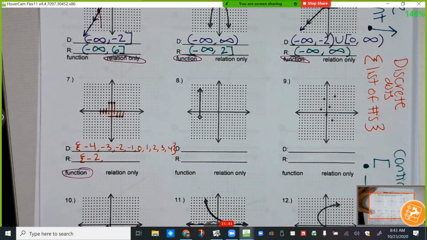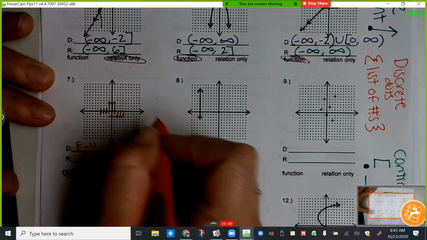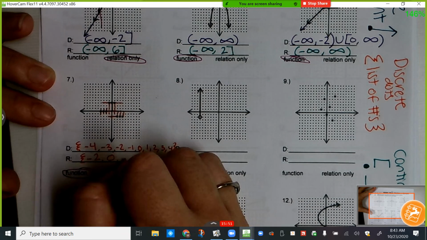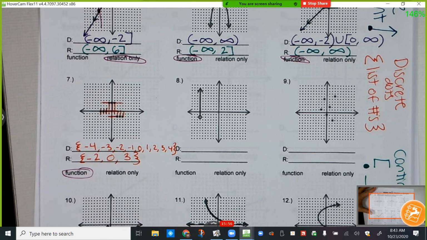But do we write -2 3 times? No, we don't repeat the numbers. We only write it once. Okay, what's the height of the next ones? 0 and the next ones. So that's what we meant yesterday when we said we don't repeat numbers for domain and range.